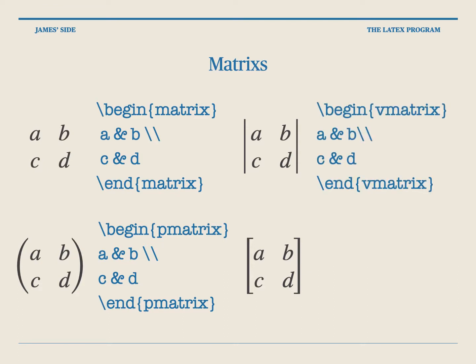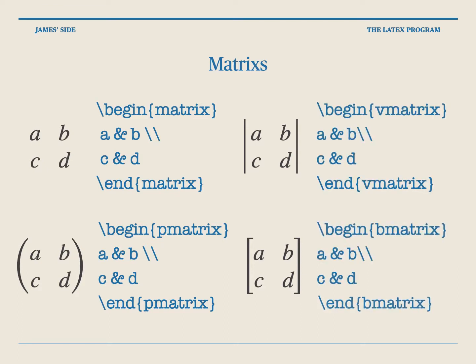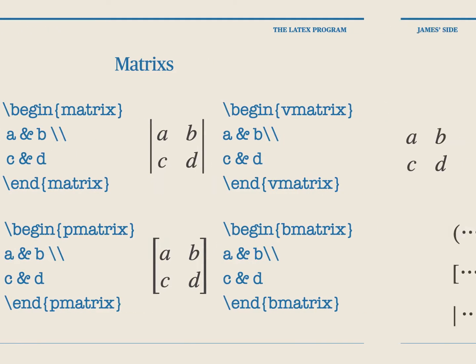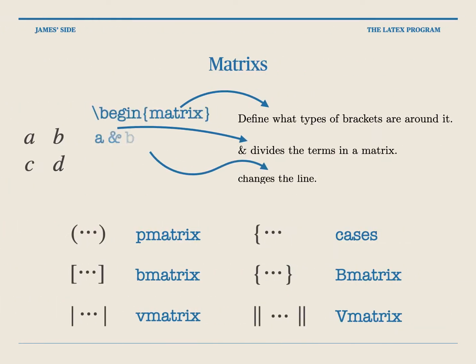And on the right, we have the vmatrix as well as the bmatrix. They are all different types. They all have different types of brackets outside the terms inside. So here, you have the \begin{matrix} at the top, and depending on what's inside it, that defines what type of brackets are around it.